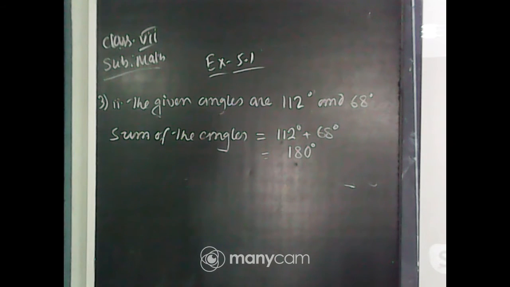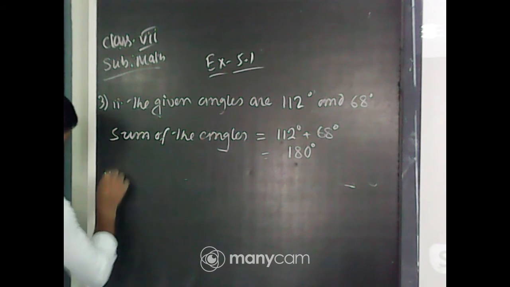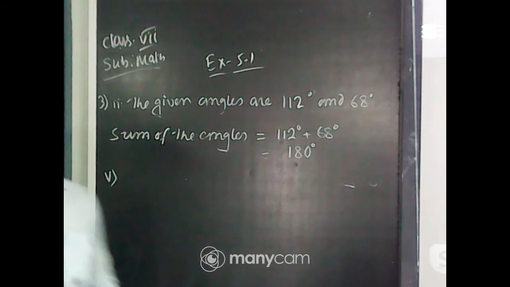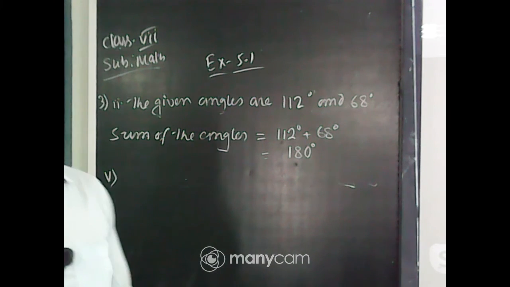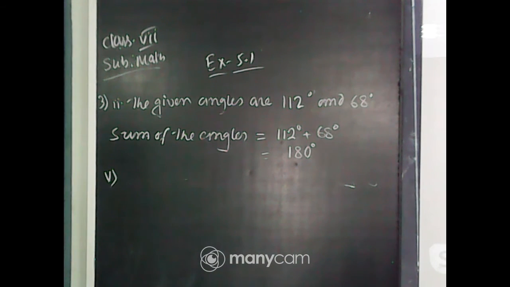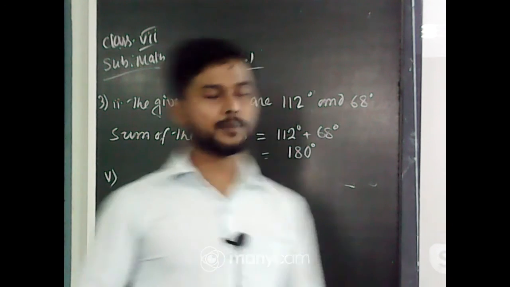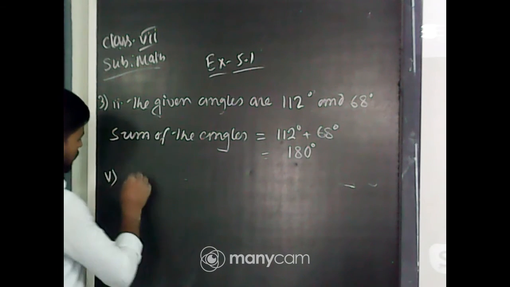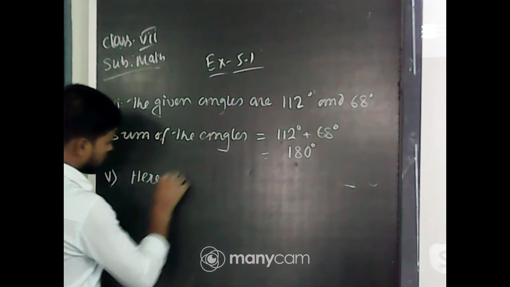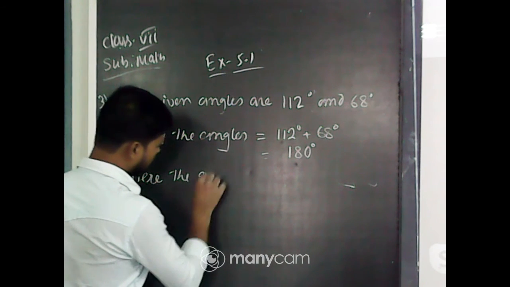Okay, very good. Now we'll do question number 5. In question number 5, the given two angles are 45 degrees, both are 45 degrees. We have to check whether the angles are supplementary angles or complementary angles.